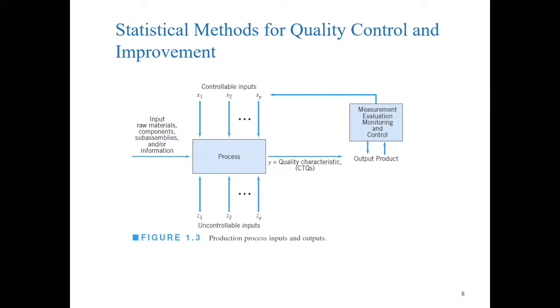So once the products are manufactured or the service is established, then we look at this output and we measure it and evaluate it and see if the process is producing high quality products or low quality products. And then we apply our decision-making conclusions afterwards.